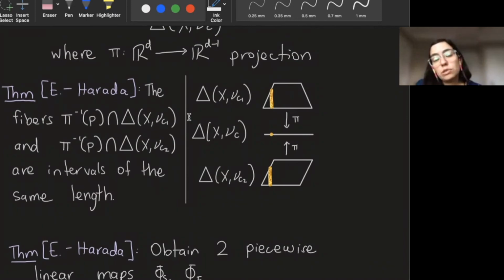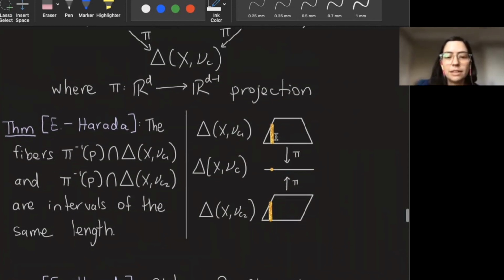But now, once you have this result, we are able to obtain two piecewise linear maps, because if you look at the picture, our goal is to give a piecewise linear map from here to there. And what you can do, if you have a bunch of columns next to each other that form this shape, is shift your columns up and down so that this shape becomes that shape, right?